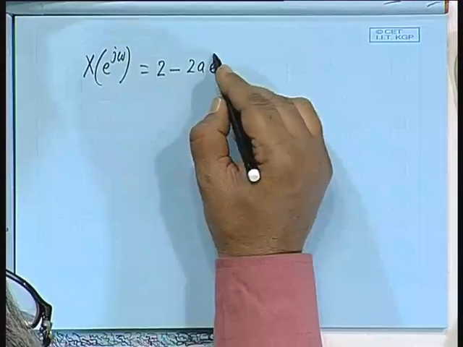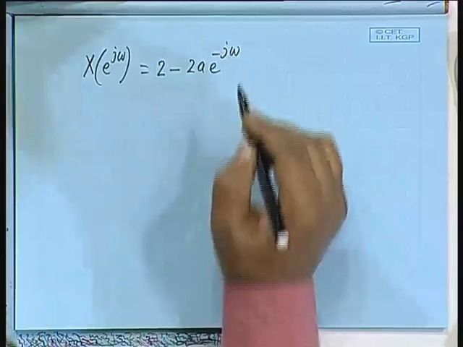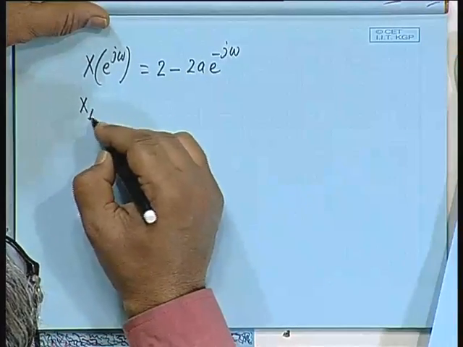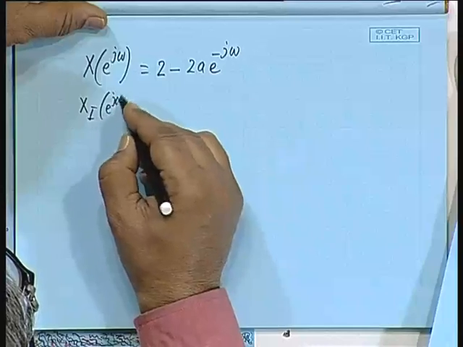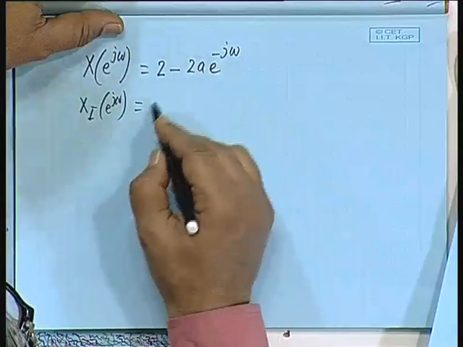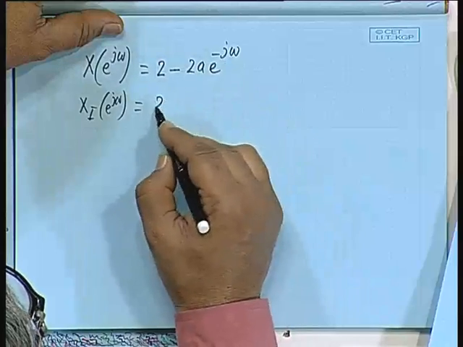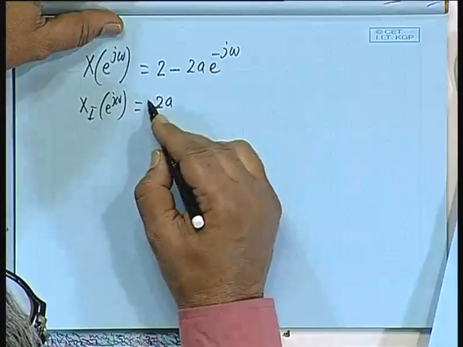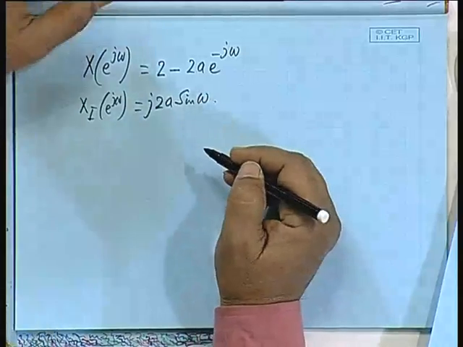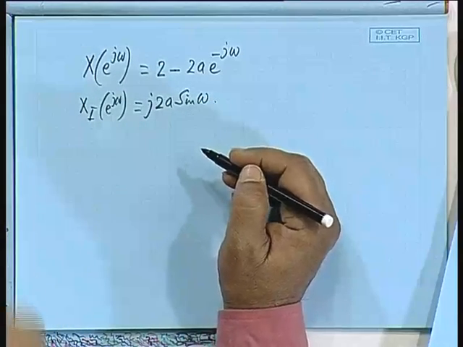So, that will be e to the power minus j omega. So, this is x a, and what is its imaginary part? You can compute from here. Imaginary part will be only from here, will be minus, and minus will make it plus twice a j times twice a sin omega. Is it all right?